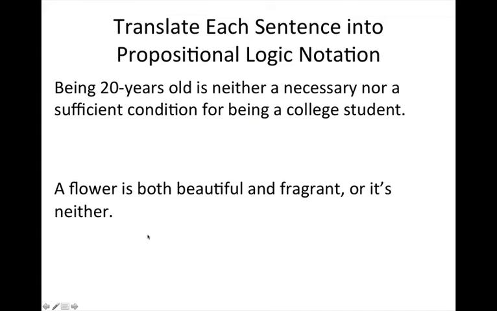All right, next, being 20 years old is neither a necessary nor a sufficient condition for being a college student. Now, this is pretty complicated. Let's break this down. First, let's talk about our simple sentences. We've got being 20 years old, and then we have being a college student. So we could say C for a college student, T for 20 years old.